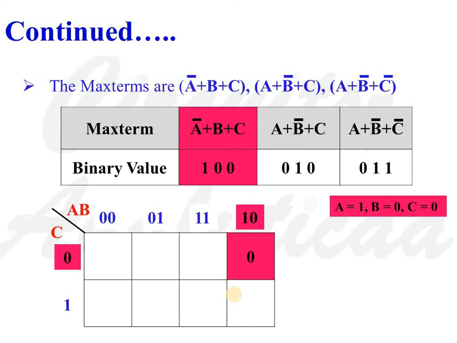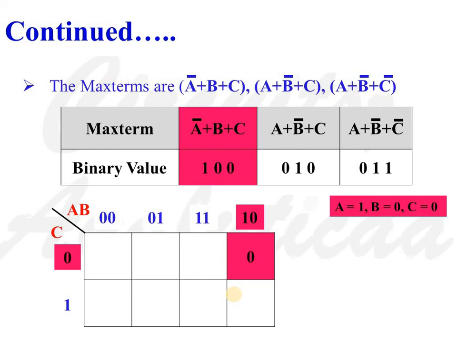Now let us map the max term A bar plus B plus C. Binary value of this max term is 100. So on the 3-variable K-map, locate the cell whose binary value is 100.